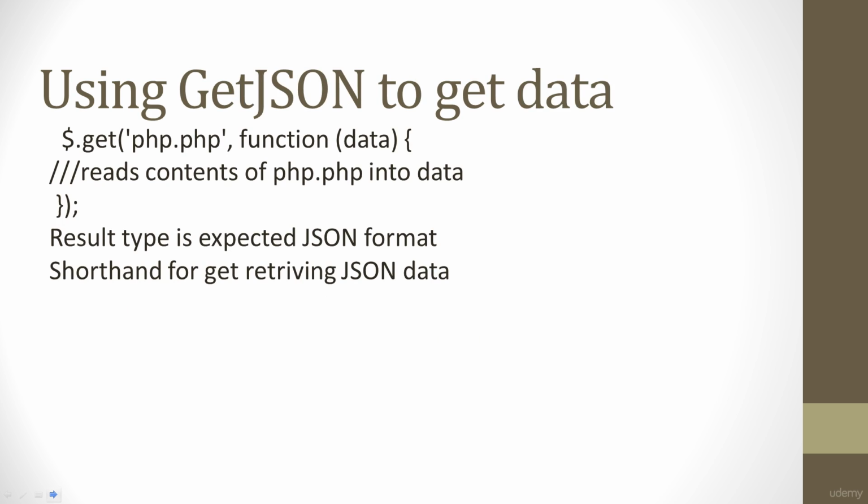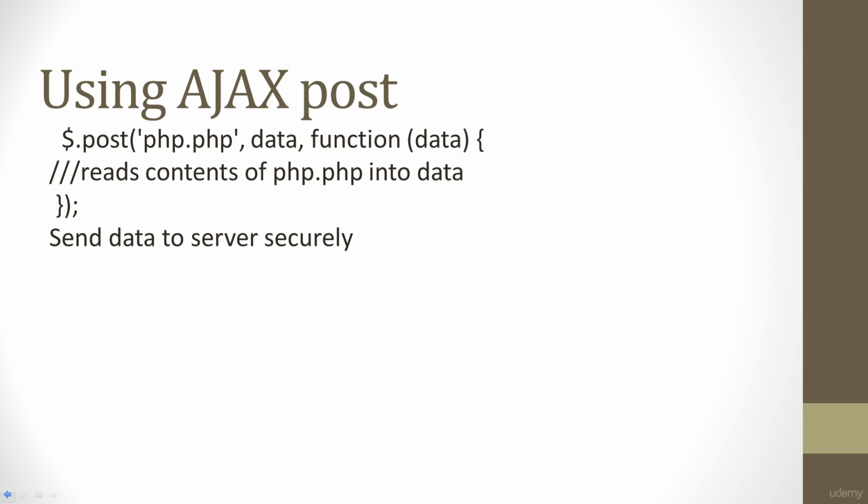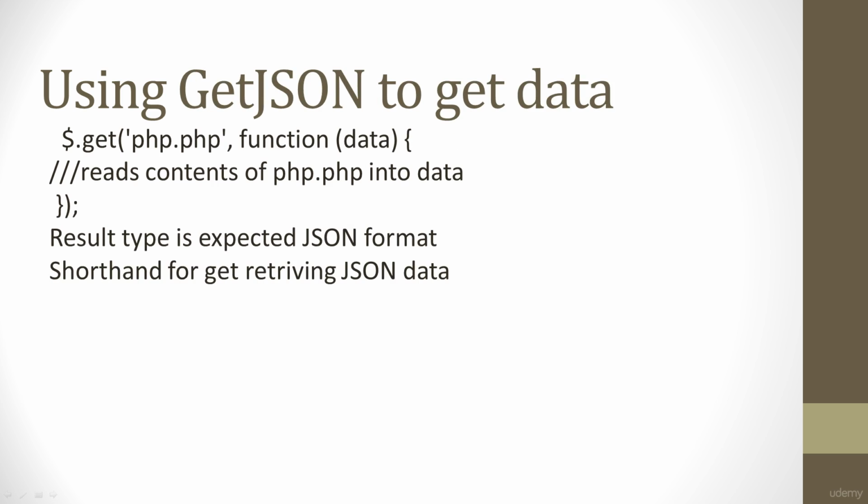We're able to return some content, and receive JSON data using the get method. And we've got one more specific for getJSON, similar to get, but only for JSON formatted data.